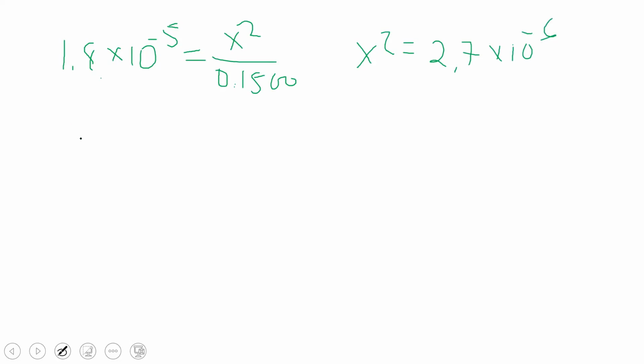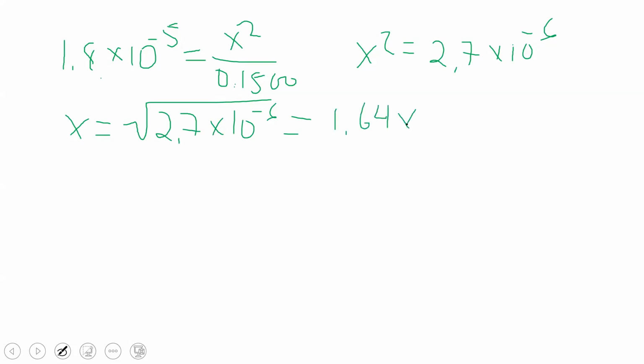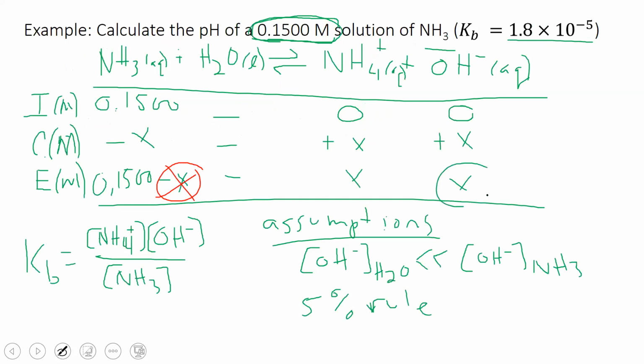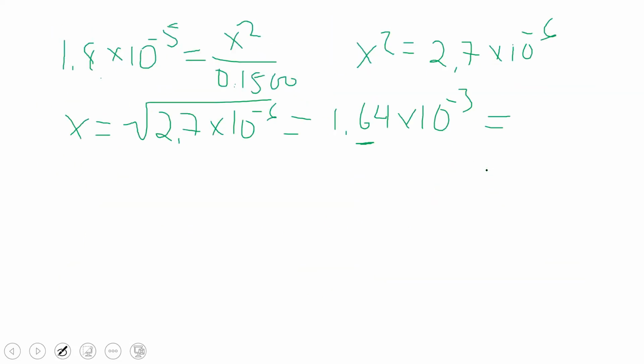And so X will equal the square root of 2.7 times 10 to the minus 6, which will give us 1.64 times 10 to the minus 3, with, of course, significant figures to the second point there. And we know that X up here is our hydroxide ion concentration at equilibrium. We can now say that this is our concentration of hydroxide.